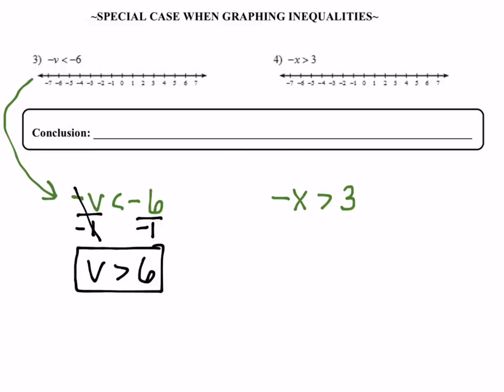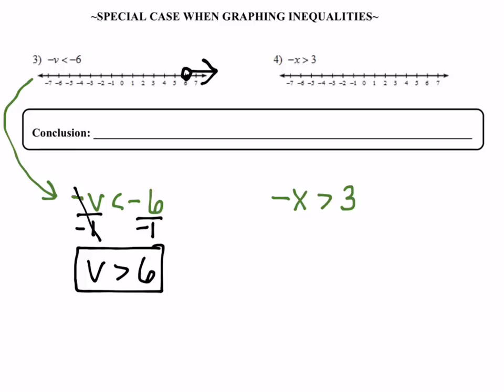I know it's a weird rule, but whenever you see this, you have to remember to switch it. So for example 3, I divided each side by -1, and my inequality sign flips. So v is greater than 6. I have an open dot at 6, and I point to the right.